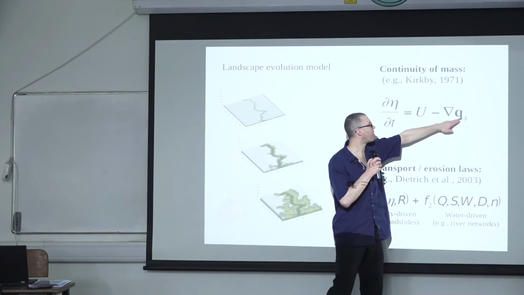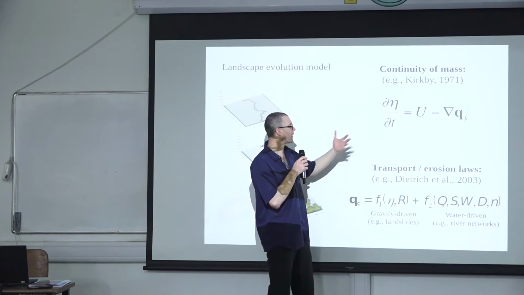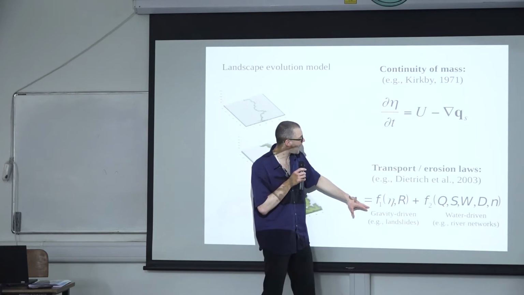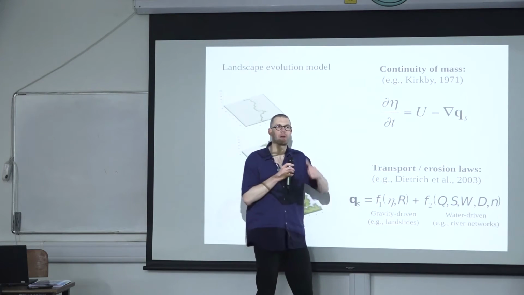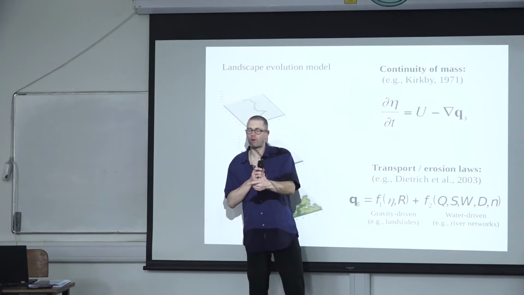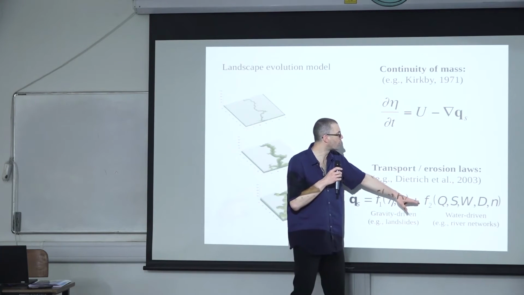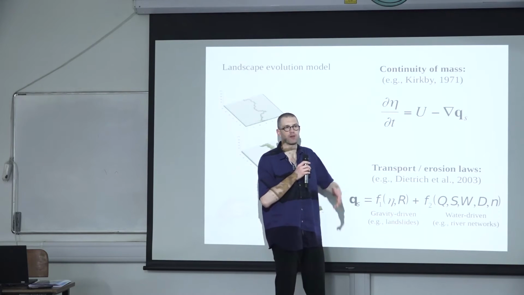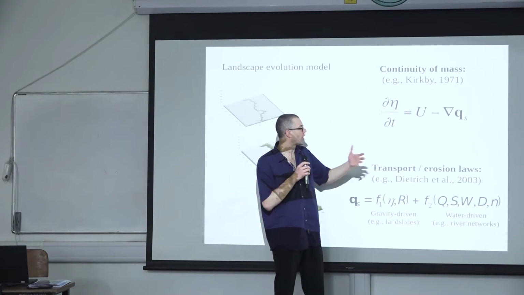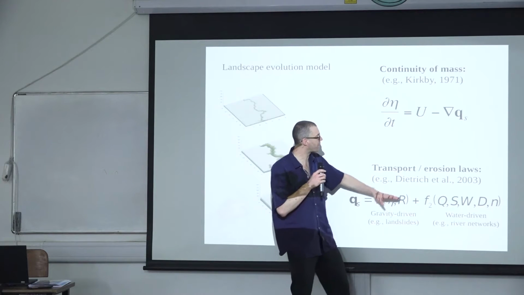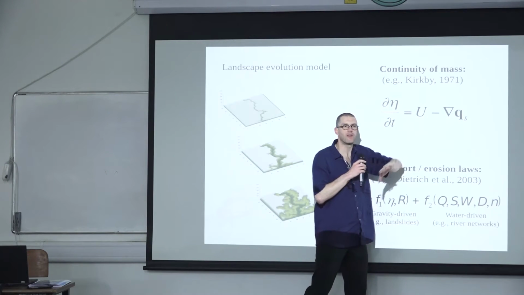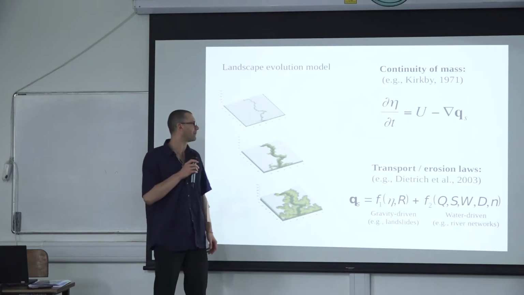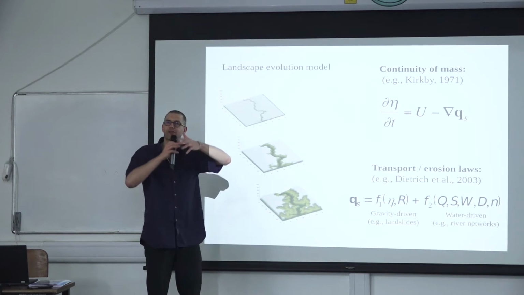So that Q is essentially your sediment flux term, and that term may, for example, have gravity-driven processes. That may be landslides, for example, debris flows. That term may also include water-driven processes, so for example rivers, or a diffusional process. So you can have several components in your Q_S that make that model more and more sophisticated. But that's the general framework.